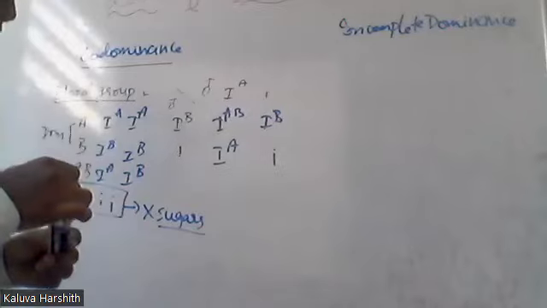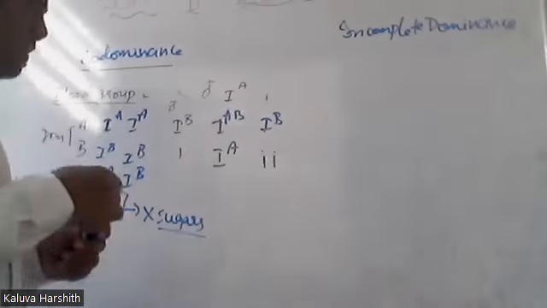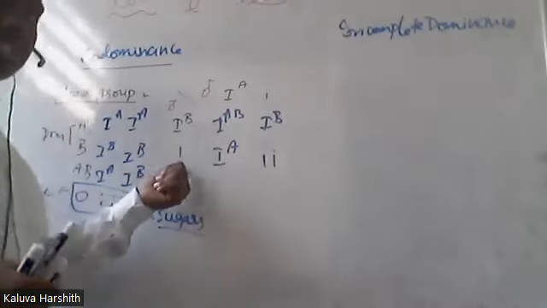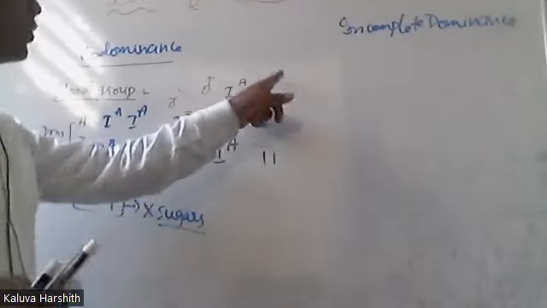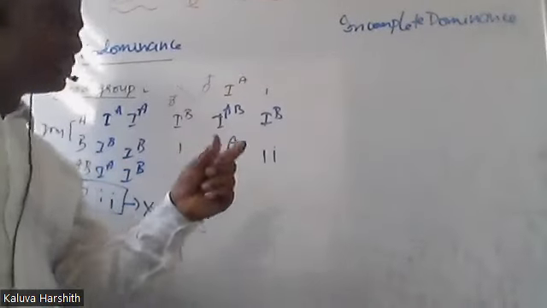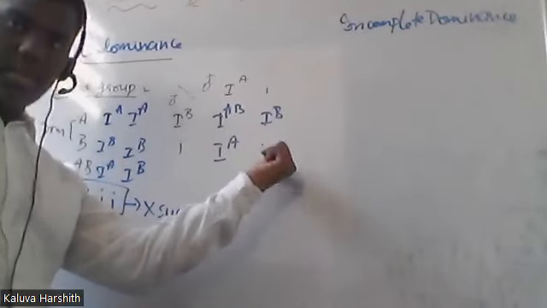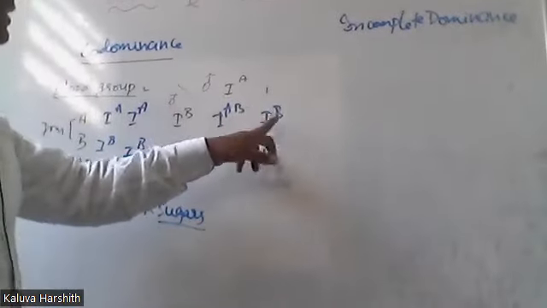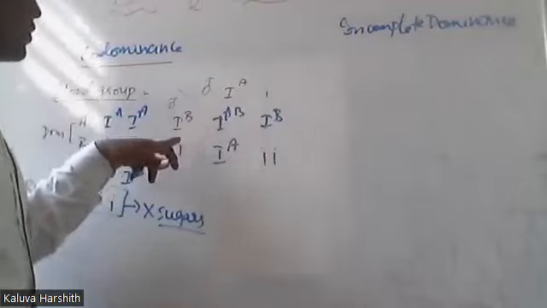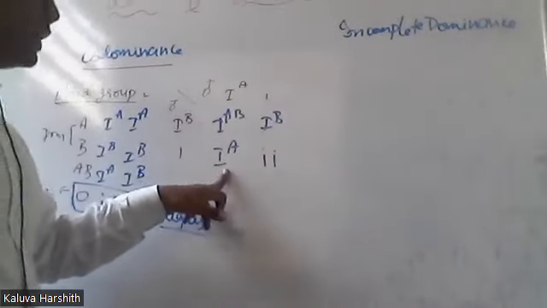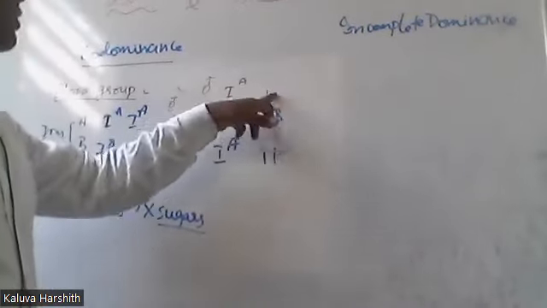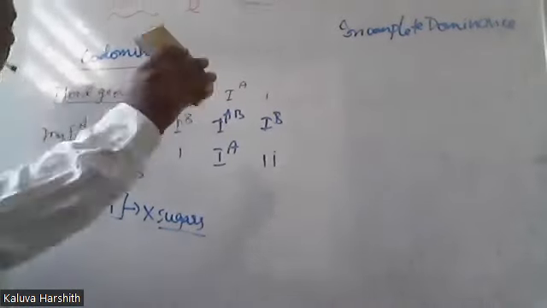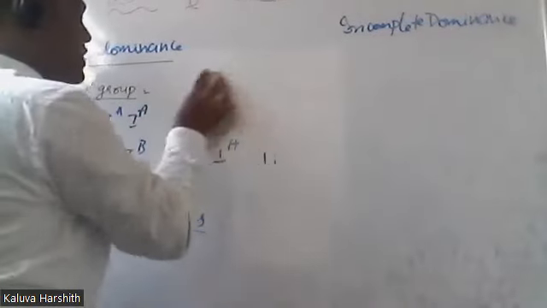Now, if you observe here, because the i or O group is recessive, both are in homozygous condition. That's why it is expressed here. These others are already dominants. So here A is dominating O group, so only A is expressed. Here B is dominating and only B is expressed. Now here the ratios will differ. The phenotypic and the genotypic ratios will differ.